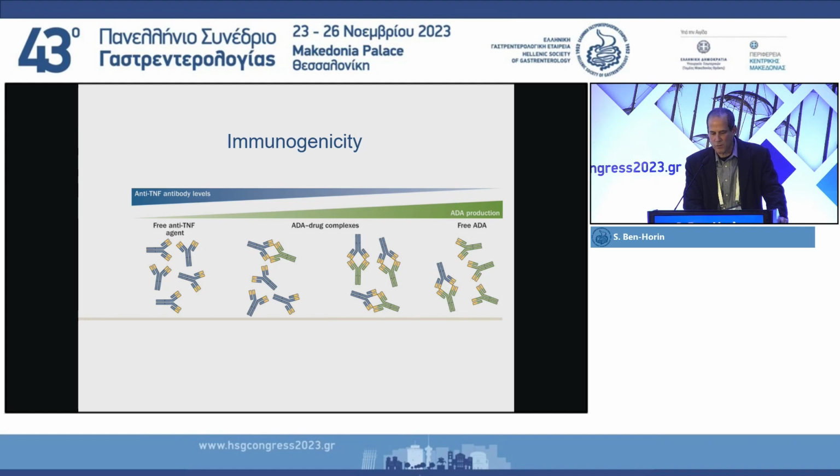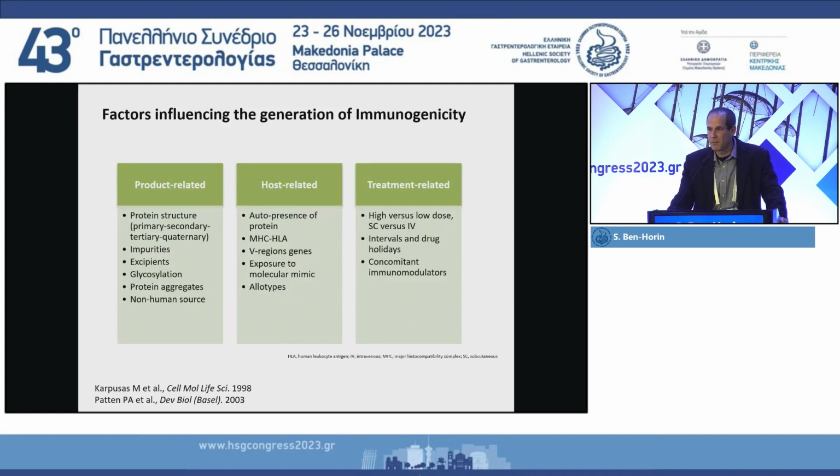Briefly to touch upon immunogenicity, which you're all familiar with, there are many factors influencing the generation of immunogenicity. Some of them are related to the product, and the pharma company, the R&D, has become very much capable of using in silico computerized and algorithmic approaches to decipher the structure of a few candidates of immunoglobulin and choose the one that is less immunogenic and less able to be presented by APCs to the immune system.